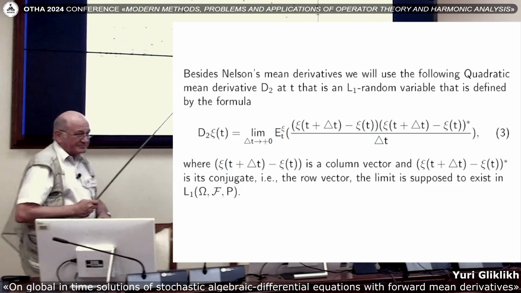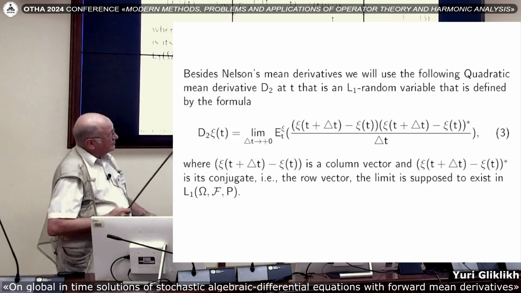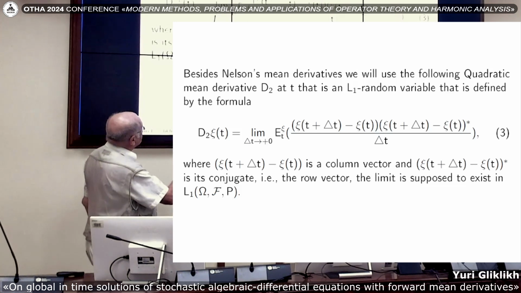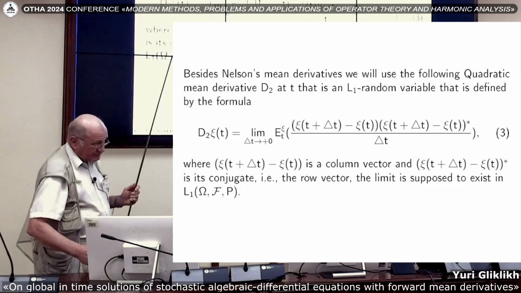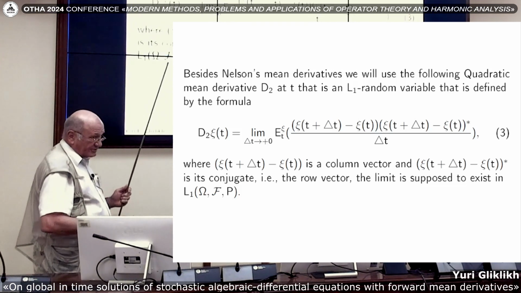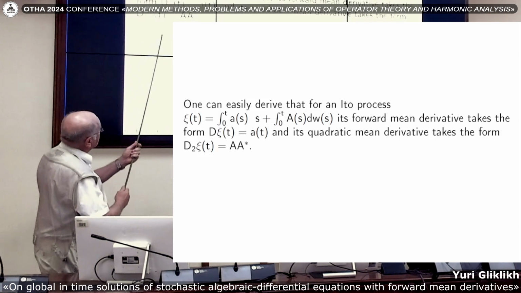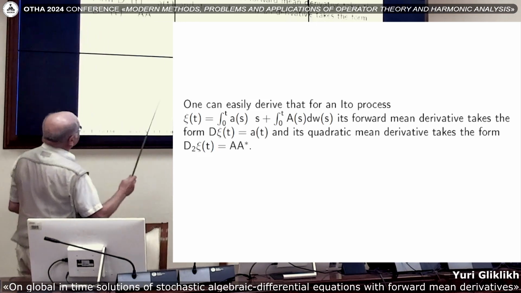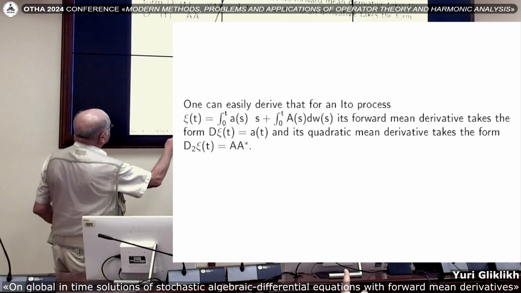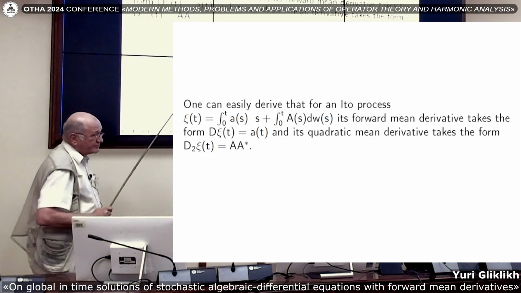This product is a matrix, but when we go to the limit, we obtain some good formulas. For example, for such an iterative process, its forward mean derivative is the shift, and the quadratic mean derivative is the diffusion coefficient.